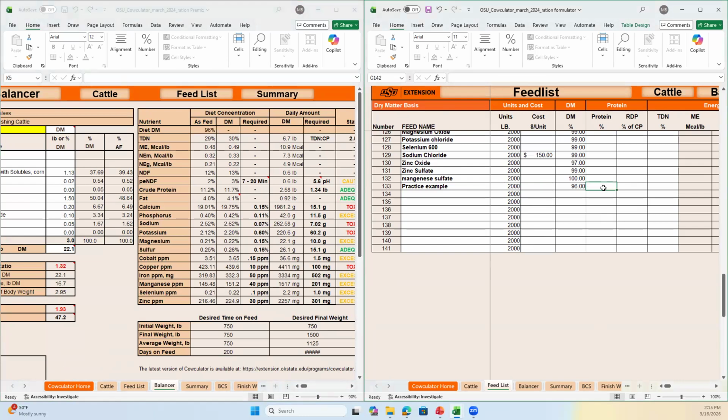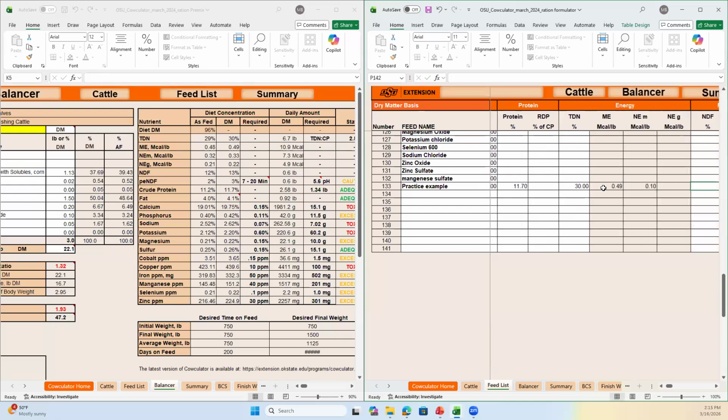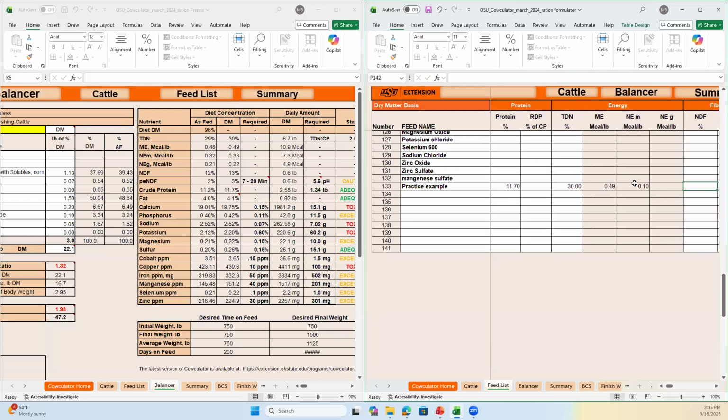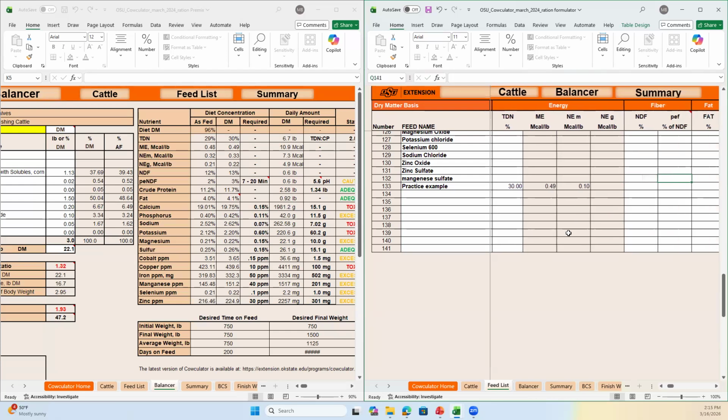Crude protein 11.7. Not going to worry about RDP. TDN is 30. It goes ahead and calculates ME and NEM. NDF is 13. EE NDF is 3.